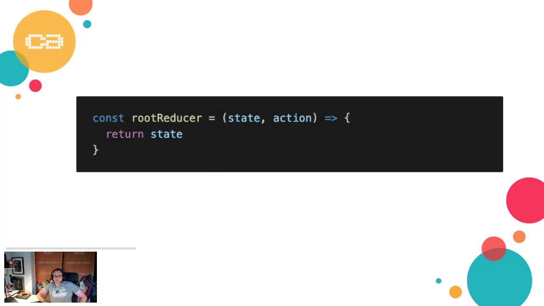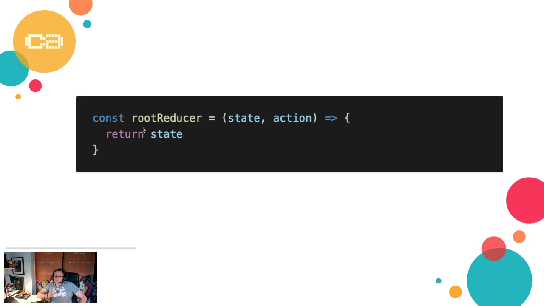If we take a closer glance at what a root reducer looks like in code, this is an example. A very basic example, doesn't do much for us, to be honest. It is called a root reducer, which is a conventional name for the main reducer of your application.